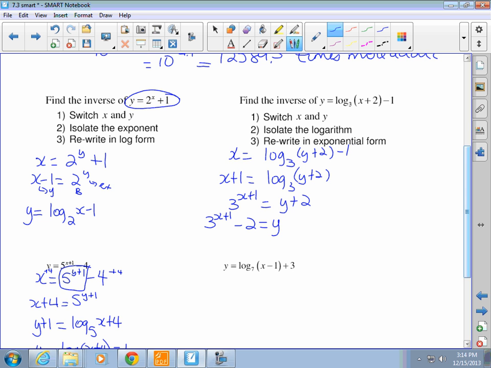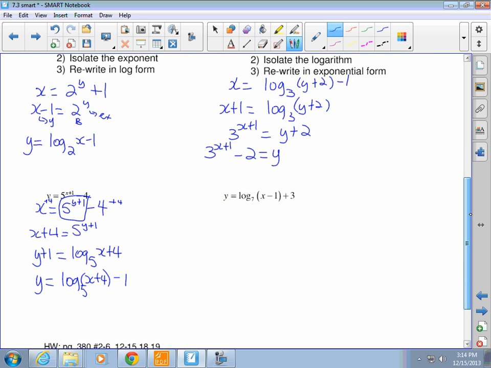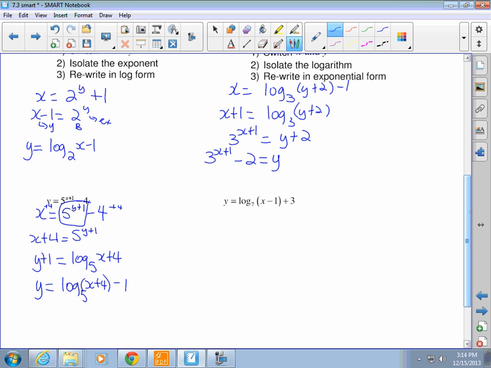Okay, so now let's try this for another example. y is equal to log base 7 of x minus 1, plus 3. So switch. x is equal to log base 7 of y minus 1, plus 3.